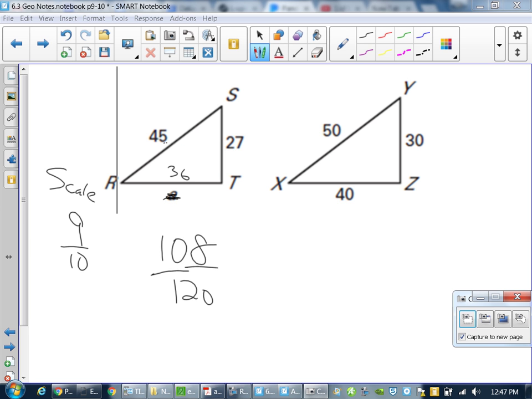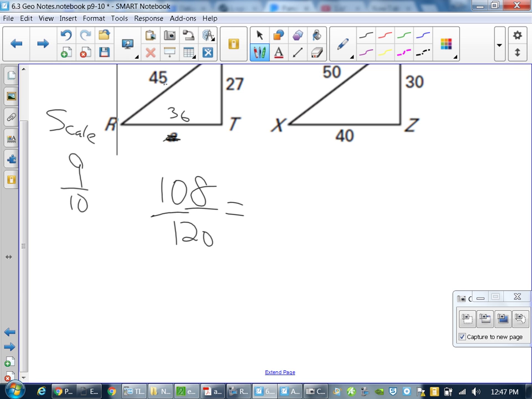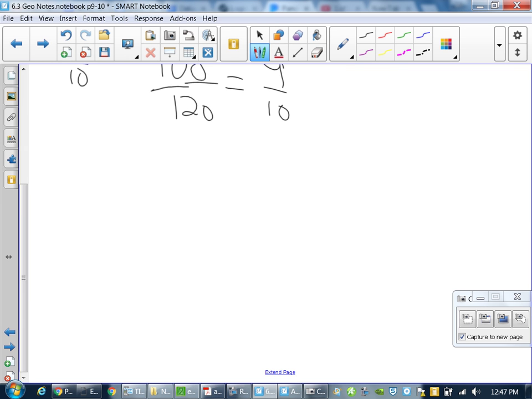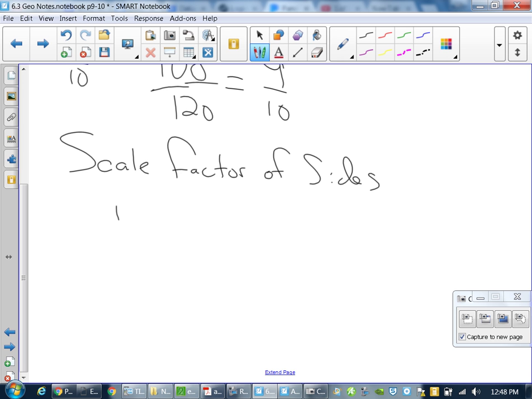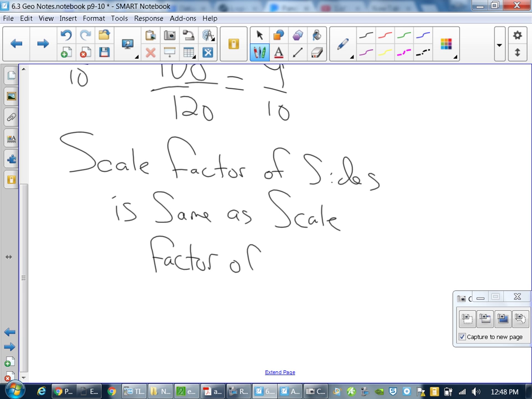I'm going to leave that alone. Here's the big thing. The scale factor of sides is the same as the scale factor of the perimeter.